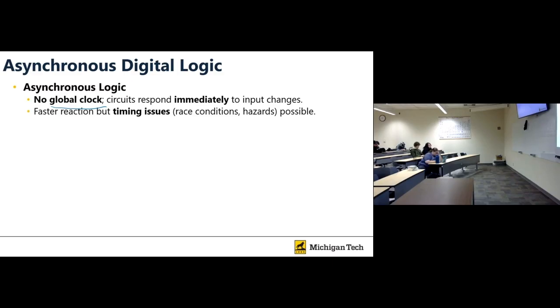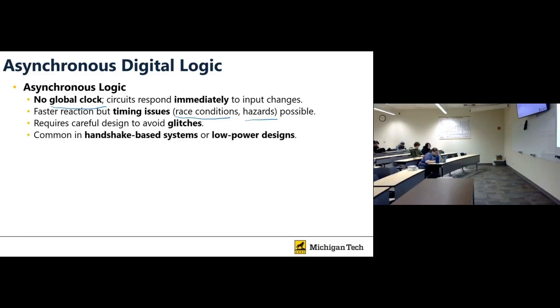The timing is so fast, but it's going to make some problems that we call race conditions. In that example, we have a race condition. A race condition means one of the inputs gets ready faster than the other, and makes a glitch or hazard or problem. That problem is called a race condition. We're going to see that. It requires careful design to avoid glitches. That's something we need to take care of.